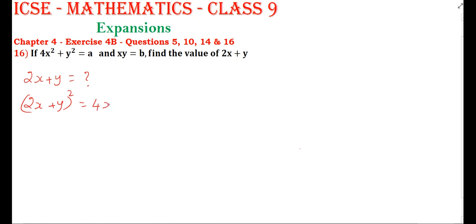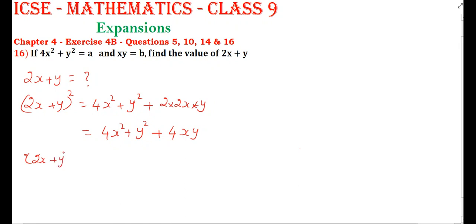It's a square, 4x square, plus b square, y square, plus 2 into 2x into y. So 4x square plus y square plus 4xy. So now we can apply the values.